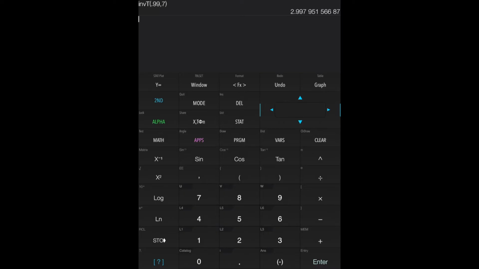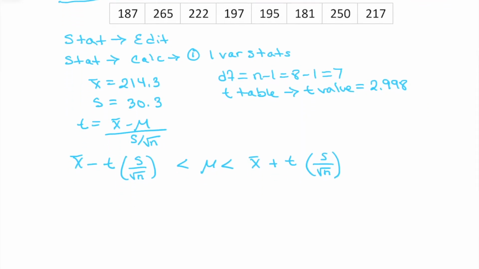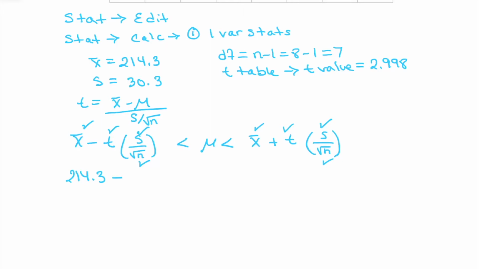Now we have our x bar, we have t, we have s, and we have n. We have everything we need to solve for our 98% confidence interval. Let's plug everything in. On the left-hand side of our equation, we start with 214.3 minus our t-value of 2.998 multiplied by the standard deviation of 30.3 divided by the square root of our sample size, which is 8.